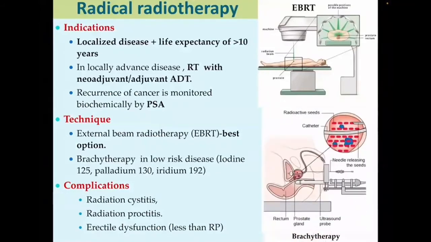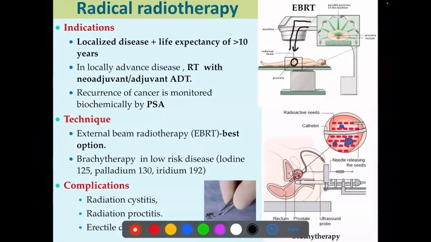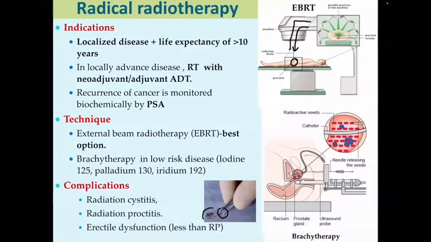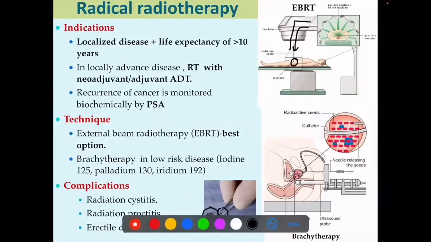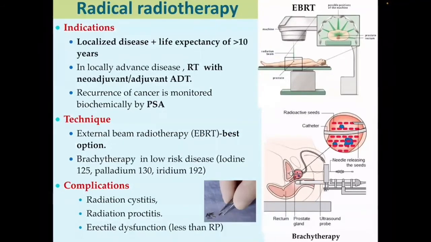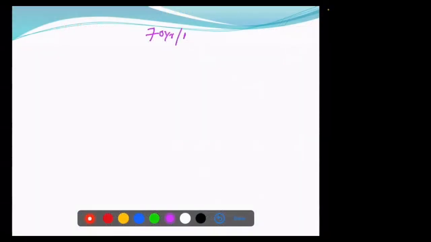Brachytherapy means these radioactive seeds are directly implanted into the prostate. These radioactive seeds are iodine 125, palladium 103, and iridium 192. The better option is always external beam radiotherapy.